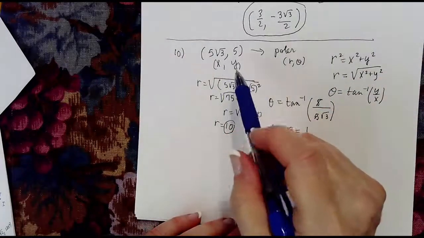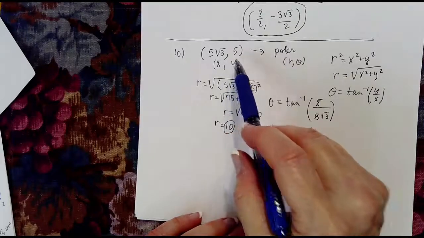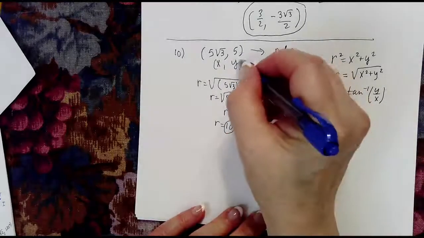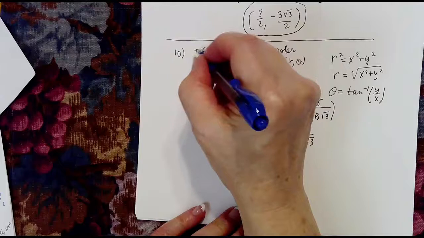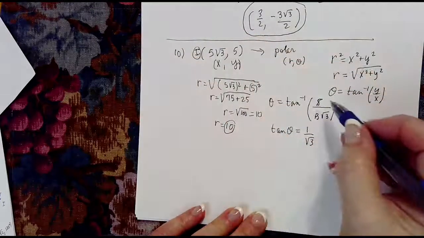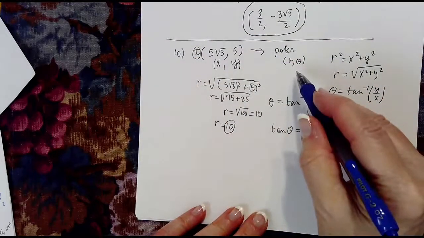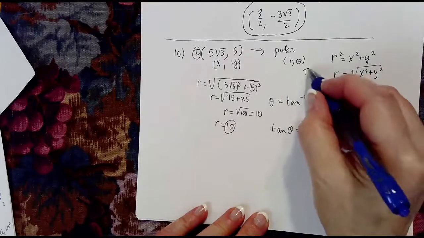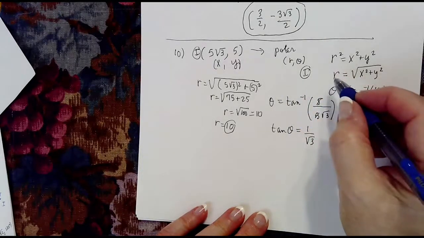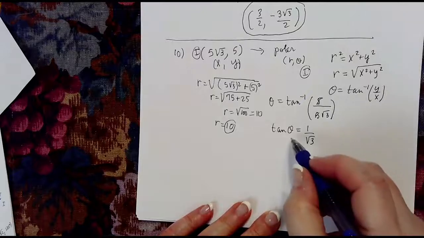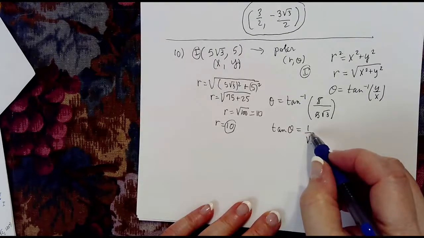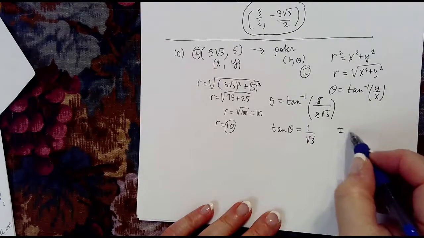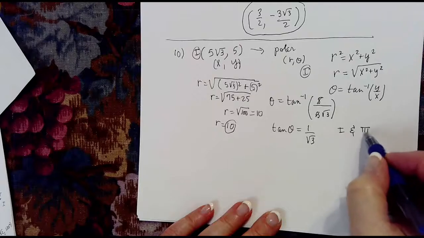Well, both of them are positive, so that means this would be in what? Quadrant 1, right? So we've got to come up with a polar coordinate that takes us to that same dot, so we've got to pick something that's also in quadrant 1. The reason why I say that is tangent can be positive in quadrant 1 and in quadrant 3, right?